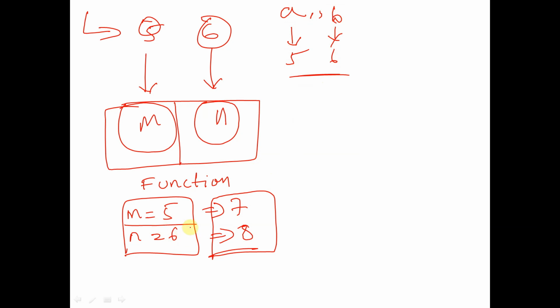So I'm changing the values of a comma b inside the function to 7 comma 8. Will there be any change to the output global variables a comma b when I am changing the variables inside this function? Any answer? No. Yeah, no.